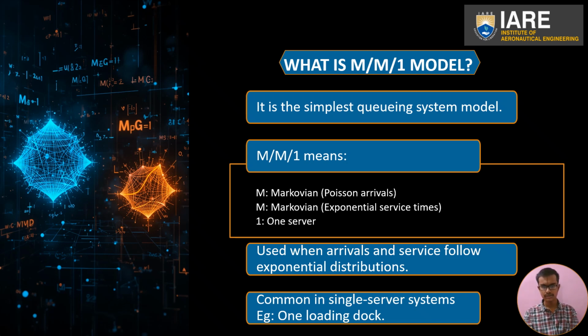MM1 model is used when the arrivals and service follow exponential distributions, and it is also used commonly in single server systems. Best example is one loading dock. So this is the explanation for MM1 model.